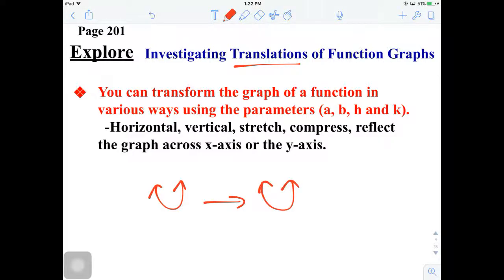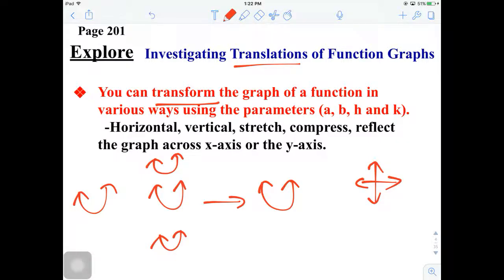Or vertically, you can shift it up or down. You can go right or left. Those are all translations. So one way to transform a graph is to shift it to the left, to the right, up or down.